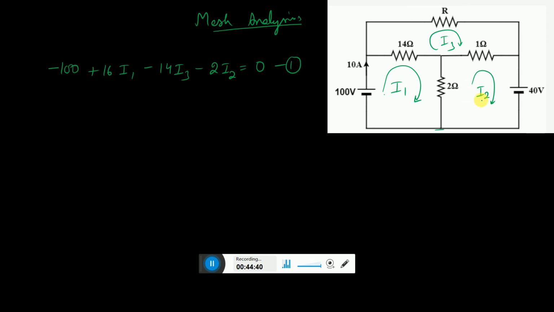For mesh 2, again you move clockwise. First you write the voltage source, a plus, so you have 40 here.